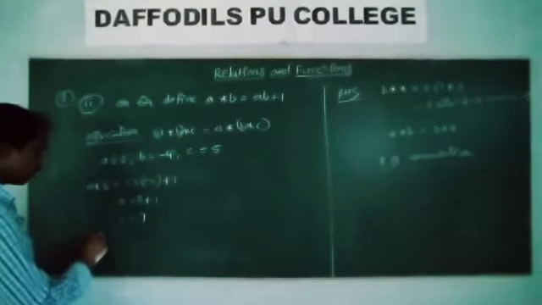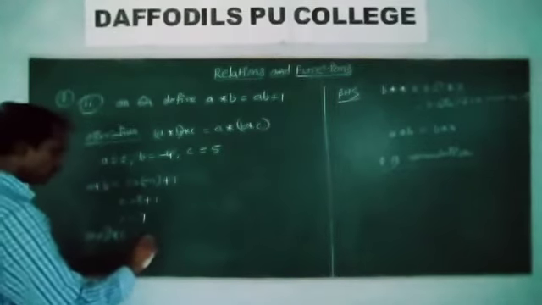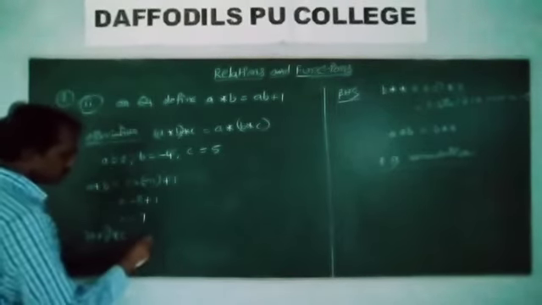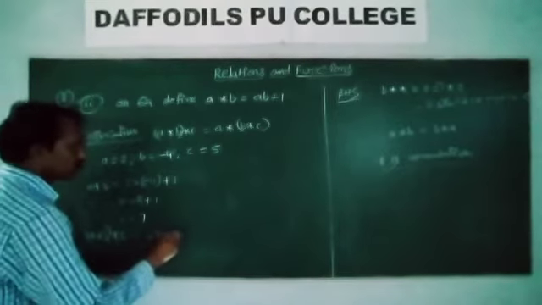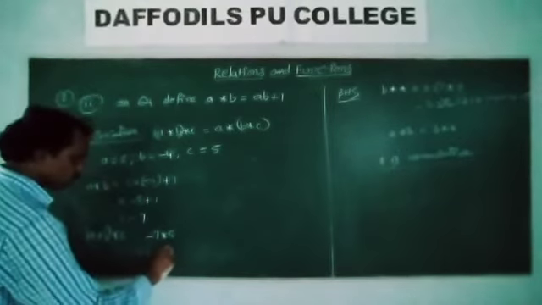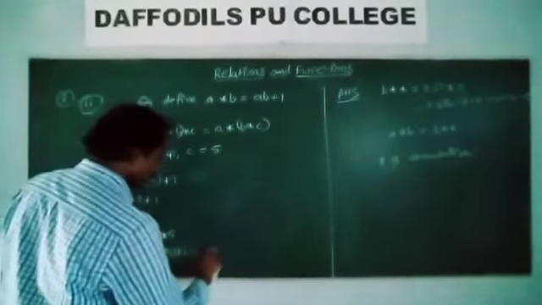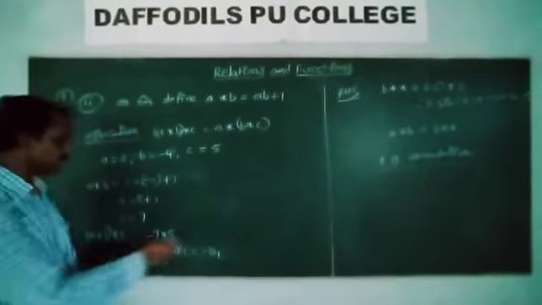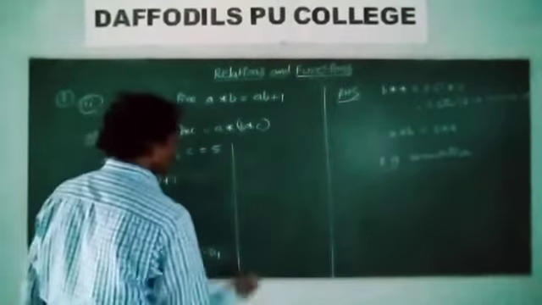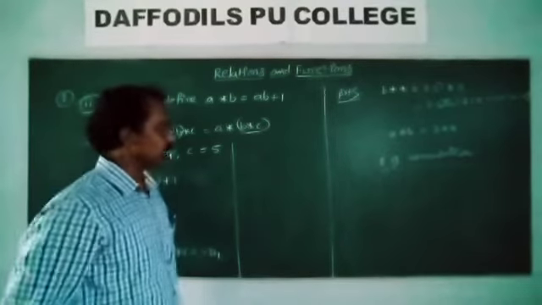Now A star B of star C implies -7 star 5. This is equal to -7 into 5 plus 1, -35 plus 1, -34. LHS value. Now we'll check RHS. First find out the bracket value.